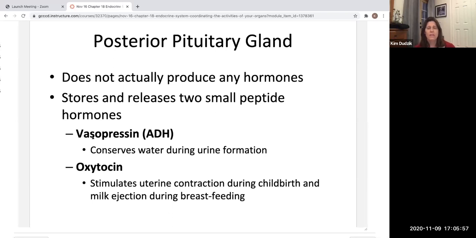And so its target cells are the collecting ducts. Remember that at the collecting ducts, once the ADH binds, that signals the cells of the collecting duct to make more of those aquaporins, those water pores, so that it becomes more porous. And so more water leaves the filtrate from the nephron and goes into the bloodstream. And therefore we reabsorb water.